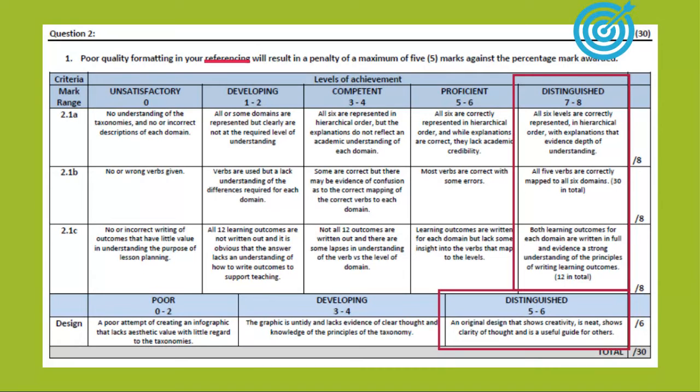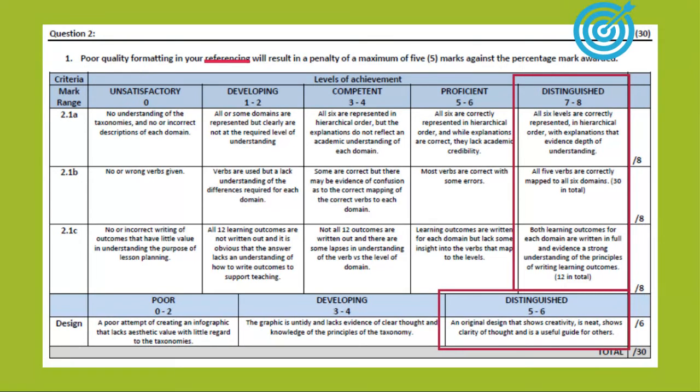The verbs that you have chosen in the second question, or part B, are correctly mapped to all 6 domains, 30 in total. So it's 5 verbs per domain, and that is why it is 30 verbs in total.